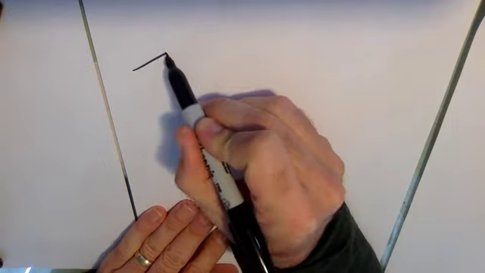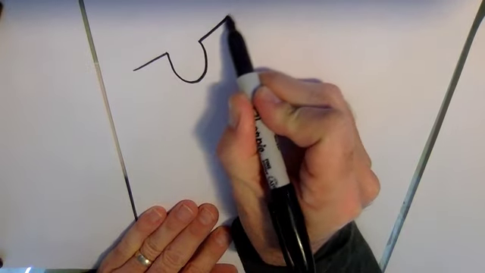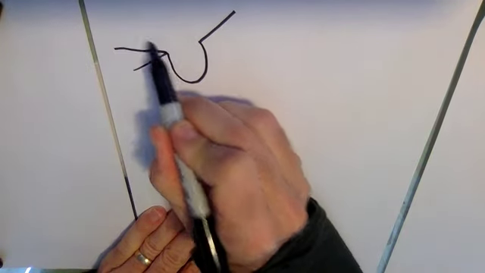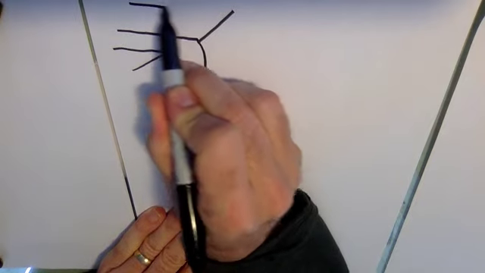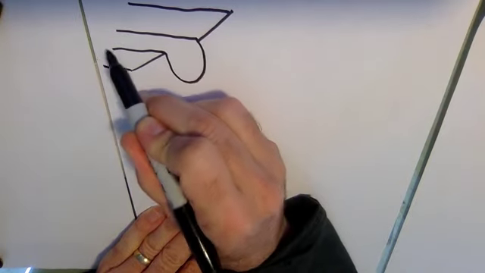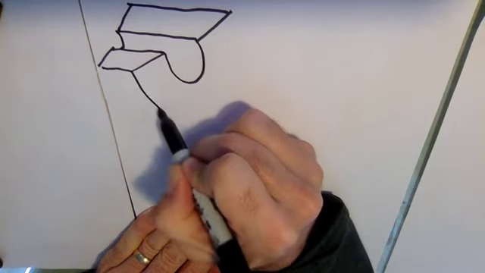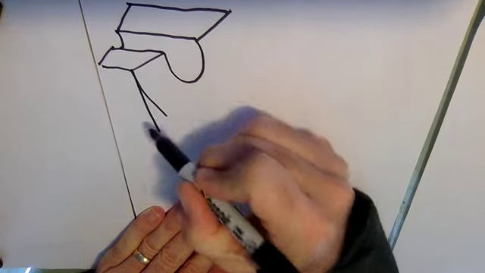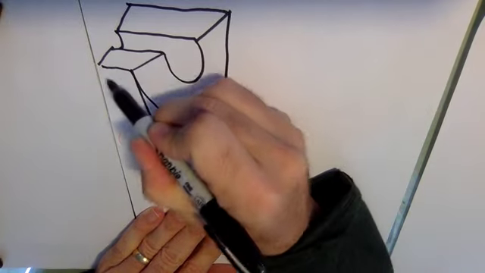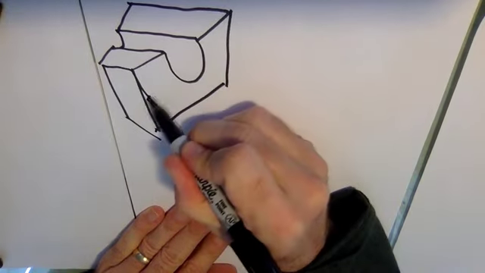So I'm going to draw an orthogonal view now of a stream. Try and draw a little box here if I can. Okay, something like that.